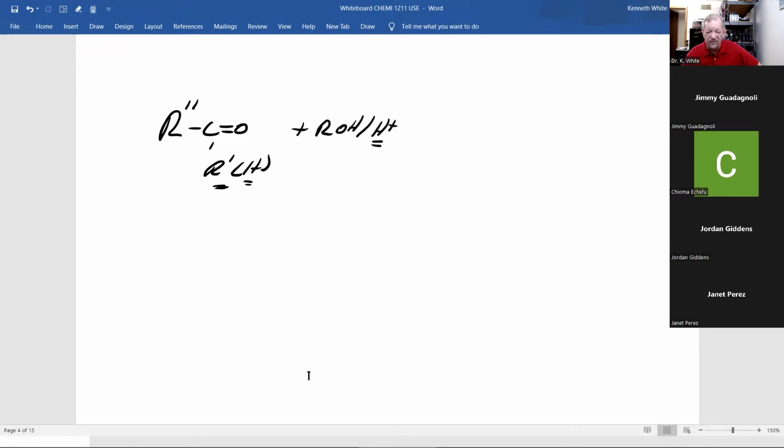That's what this is. And when you do that, keep your eye on the carbonyl carbon. What's attached to it comes along for the ride. And then from the alcohol here, OR and OH on what was the carbonyl carbon. And this is how you make a hemi-acetal or hemi-ketal.